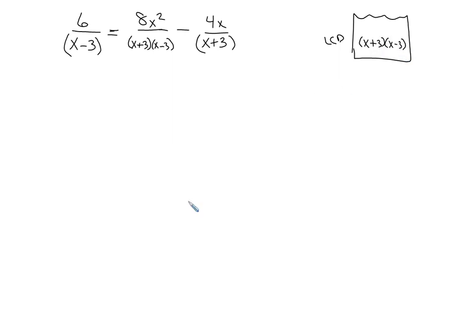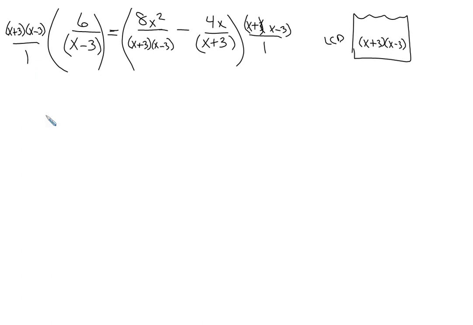Good. So we're not going to change the denominators. We're going to kill them off by multiplying both sides by x plus 3, x minus 3 over 1, x plus 3, x minus 3 over 1. Don't forget the over 1.